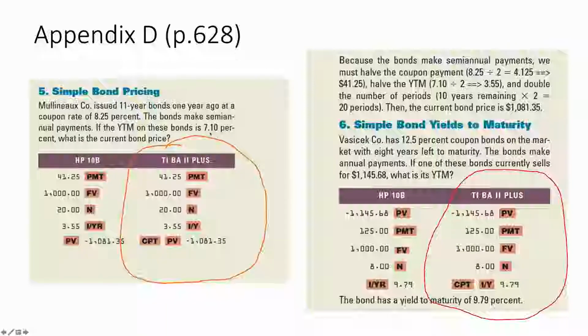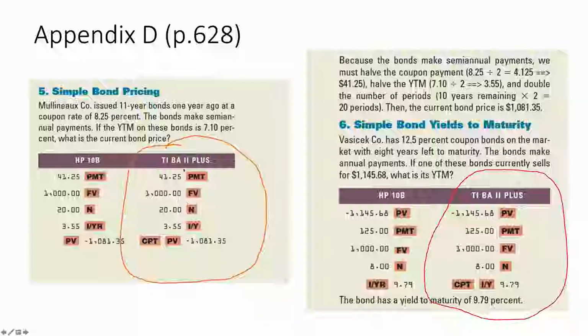The period should be consistent in N, in the coupon payment, and also in I. So we cut the yield to maturity in half. 7.1 divided by 2, we get 3.55. Key that in.